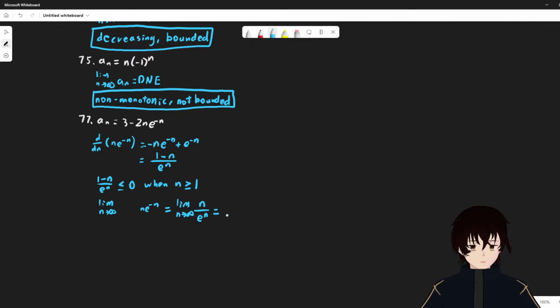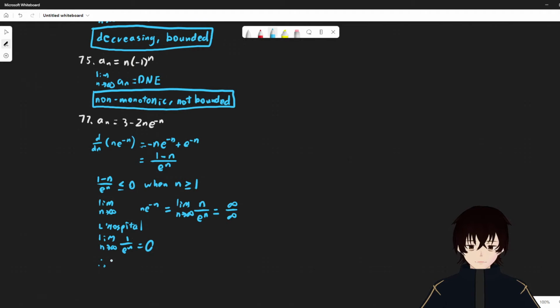Which is equal to 0, because exponents go higher, if we use L'Hopital. So let's say that's infinity over infinity. We use L'Hopital, and that is equal to the limit as n approaches infinity of 1 over e to the power of n, which is equal to 0.